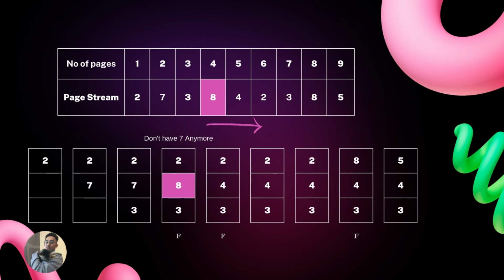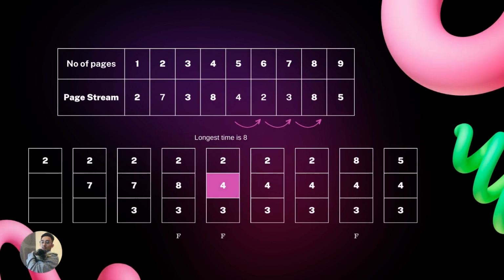It should be 7, because if we look at the page stream after 8, there isn't any 7 anymore, so we replace it. Now we go to number 4.